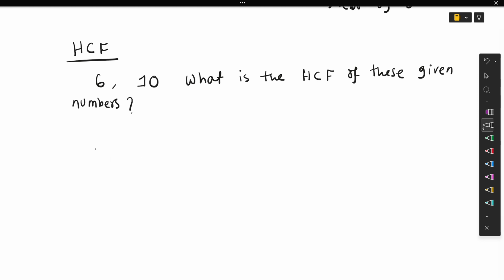Here highest common factor, H stands for highest.